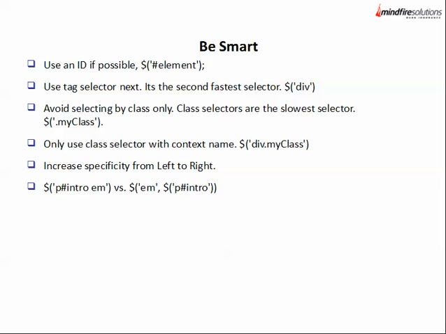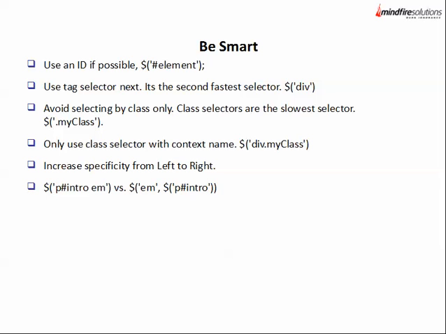So the Sizzle engine supports the same for jQuery. Whenever you write these pseudo selectors, they pass through the Sizzle engine. If you have an ID selector or class selector, those never pass through the Sizzle engine. If you write a selector which passes through the Sizzle engine, obviously it will increase the execution time. That is the performance issue. So it is better to avoid selectors which pass through the Sizzle engine.